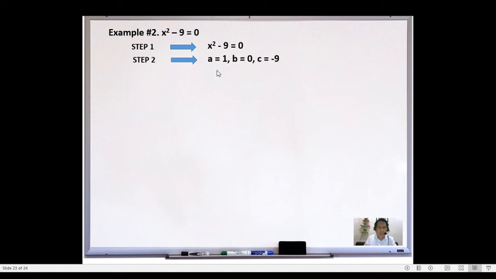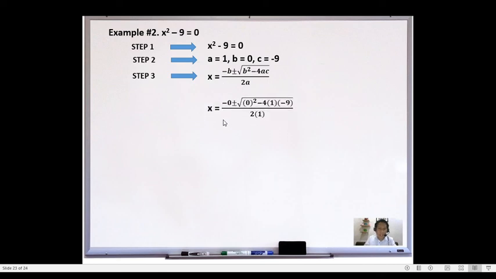So our value for a is 1. The value for b is equal to 0. And the value of c is equal to negative 9. For step number 3, we are going to substitute the values of a, b, and c to the quadratic formula.